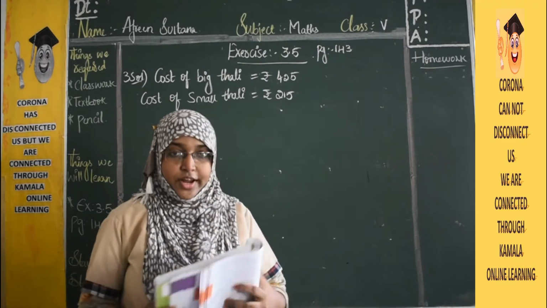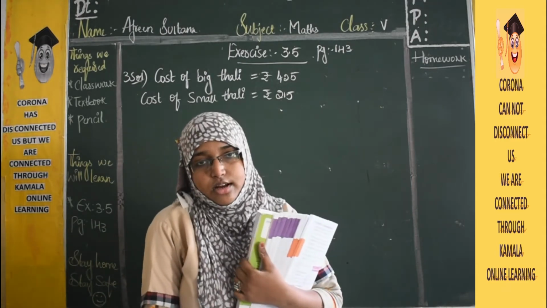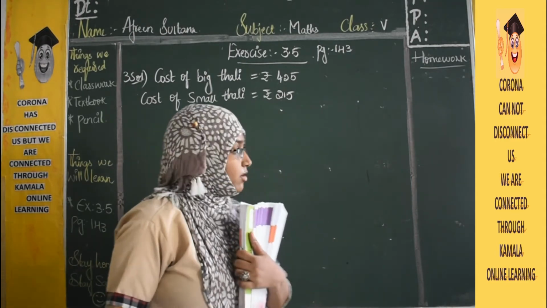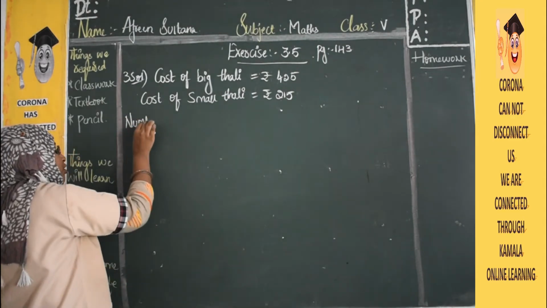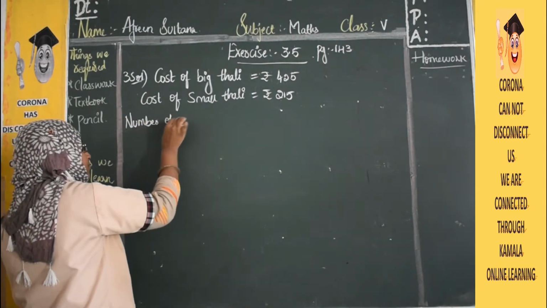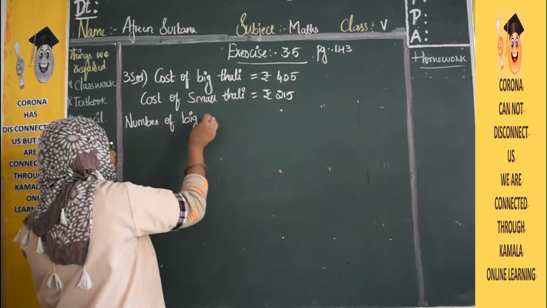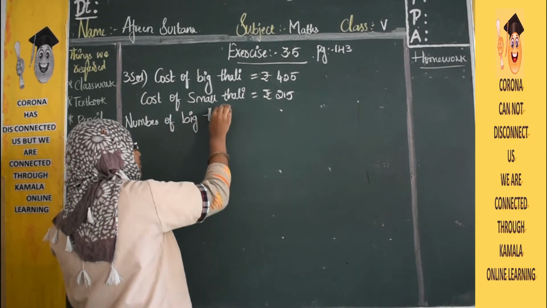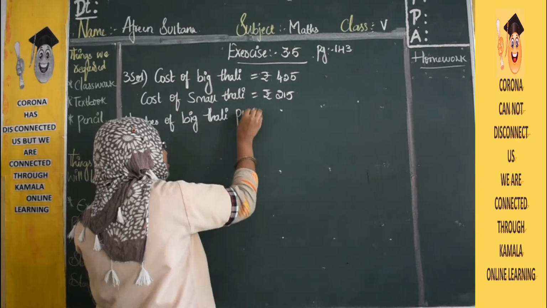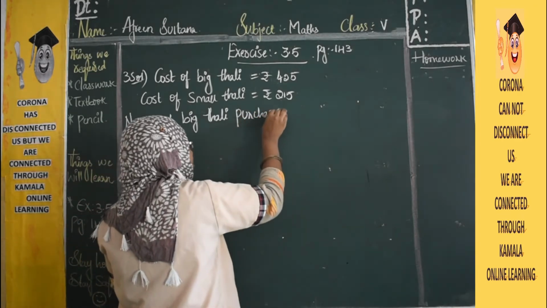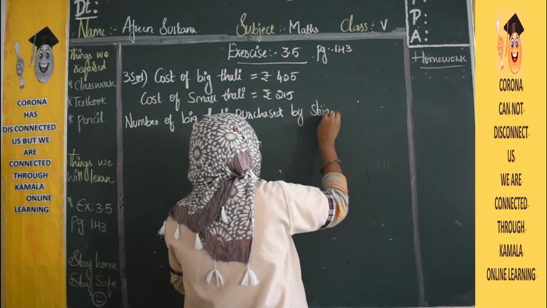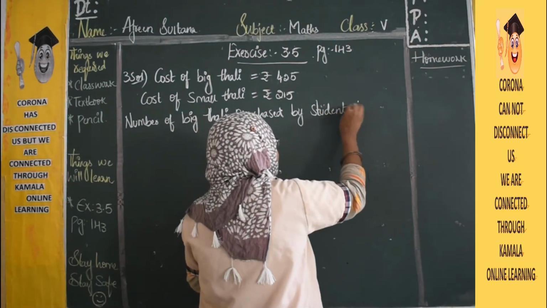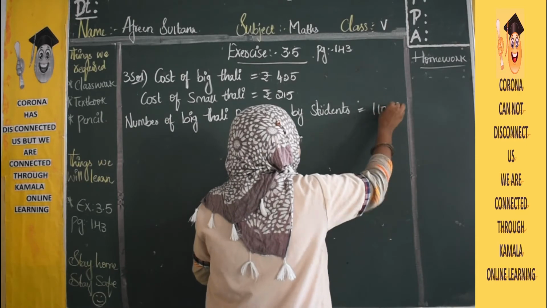So what do we need to find? The number of thalis purchased by students. Let's go with the big first. The number of big thalis purchased by students is 110.